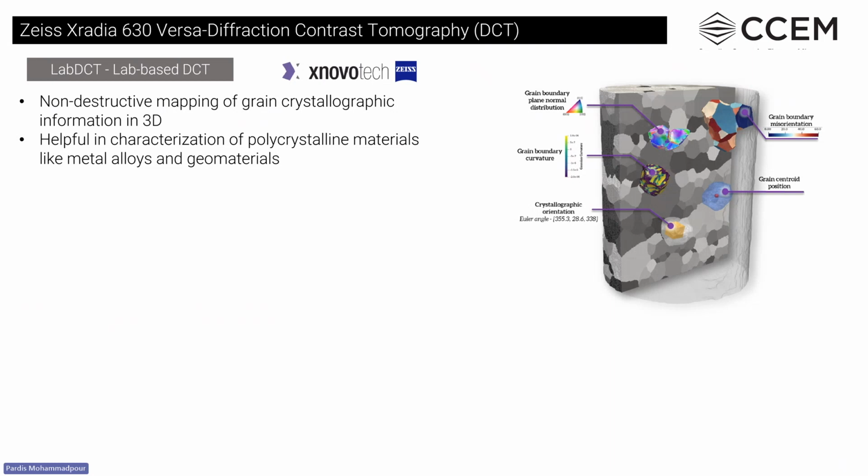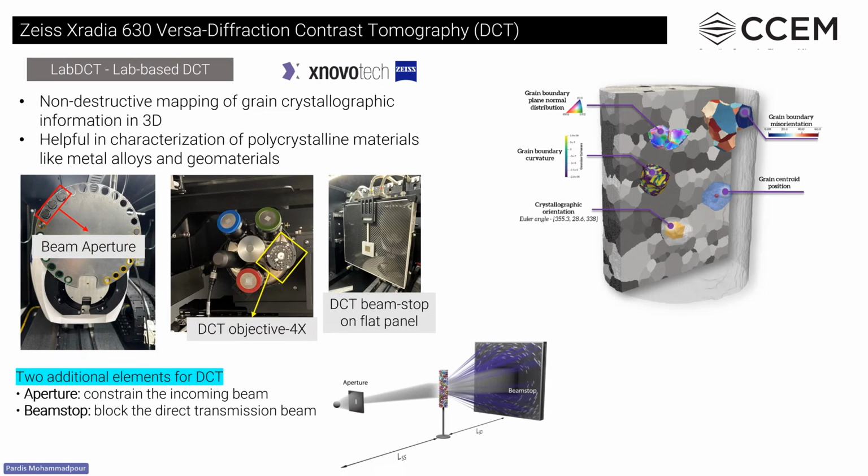There are two detectors that can be used for DCT to acquire high-resolution crystallographic information. We can use the 4x DCT objective, and for a larger sample in which we want to map a larger area, we can use a flat panel detector. There are two other elements for DCT.